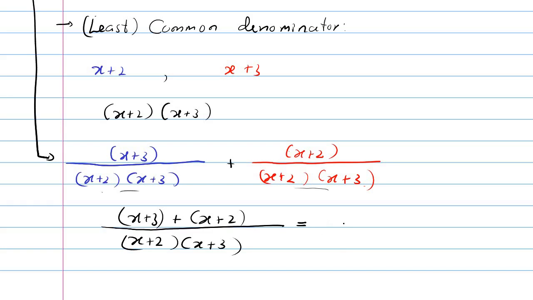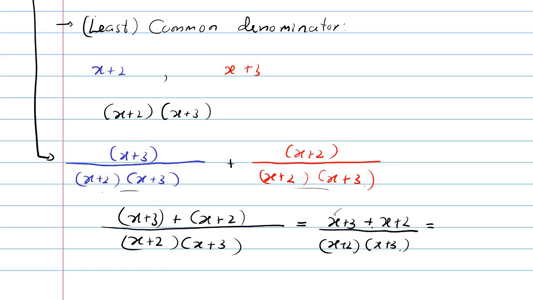Okay, so what happens here? We have x plus 3. If you just take out the parentheses, you have x plus 2. Then down below you have x plus 2 and x plus 3. Equals, so it's just a simple simplification of this algebraic expression, whereby you combine the like terms together.